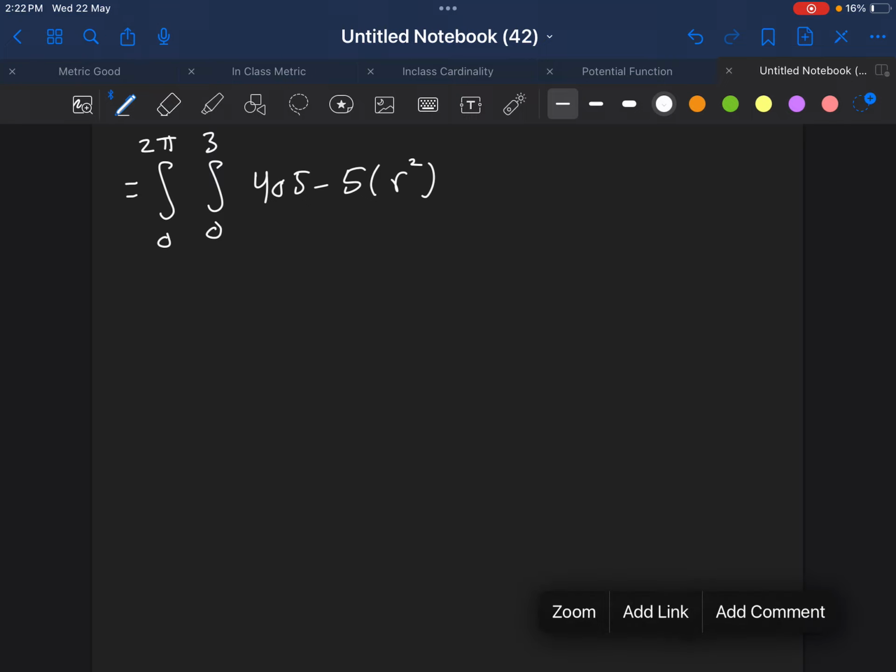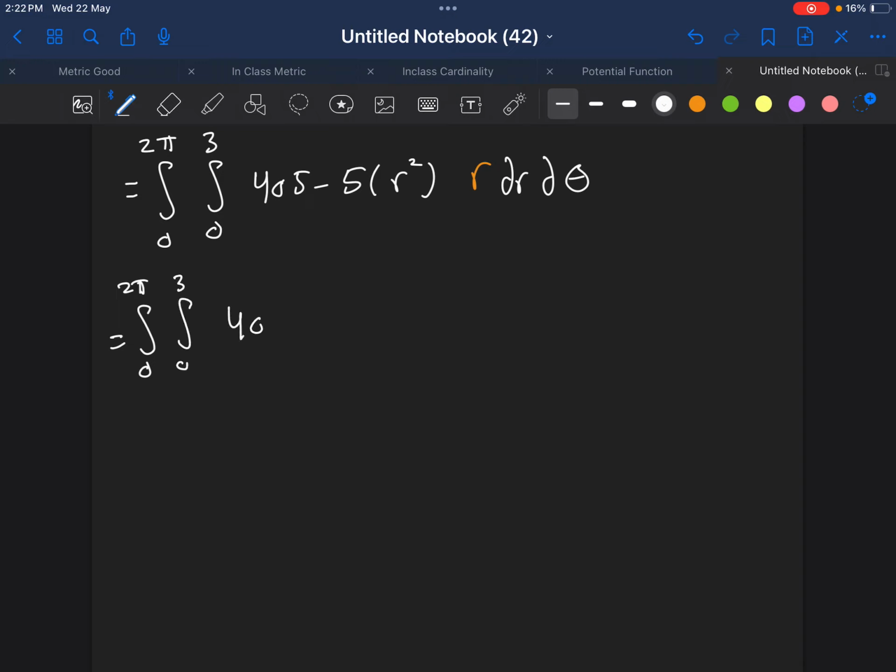And then we have r dr d theta. So it will be the integral from 0 to 2 pi, integral from 0 to 3. Here we'll get 405r minus 5r cubed, dr d theta.